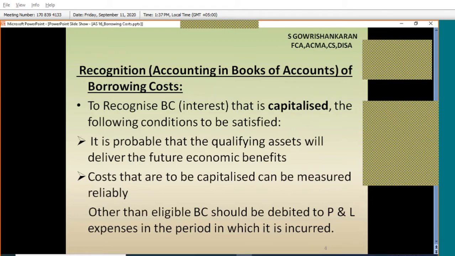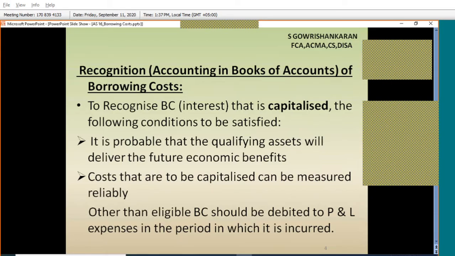Then the next question is, I don't have a valid proof, I'm paying interest, then what should I do? Then you should not capitalize the interest. Rather, you should debit the expenses into P&L. That is what is mentioned in the last para: other than eligible borrowing costs should be debited to P&L.